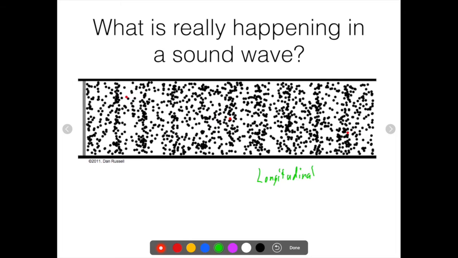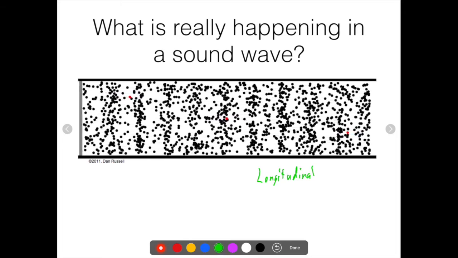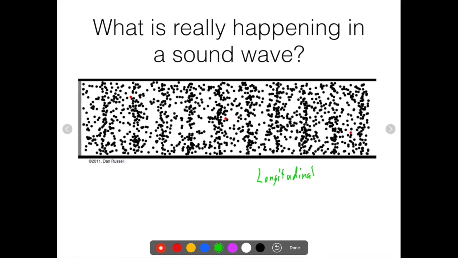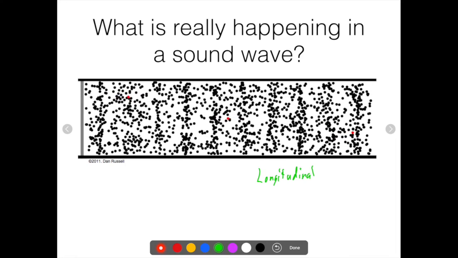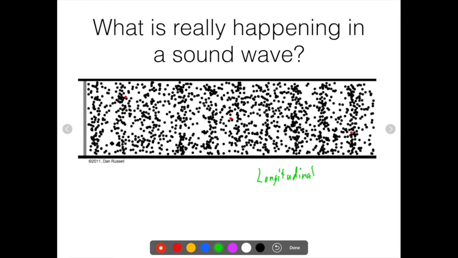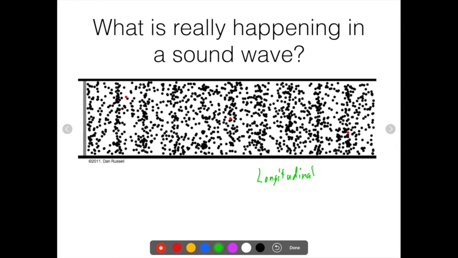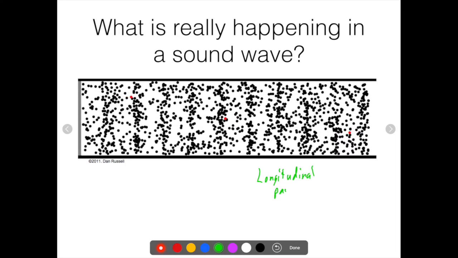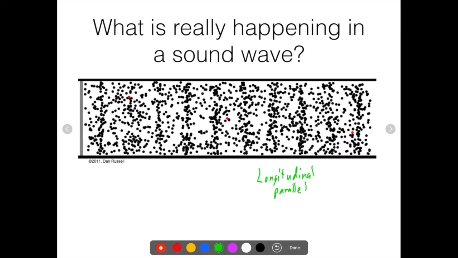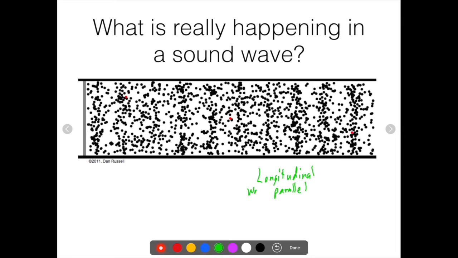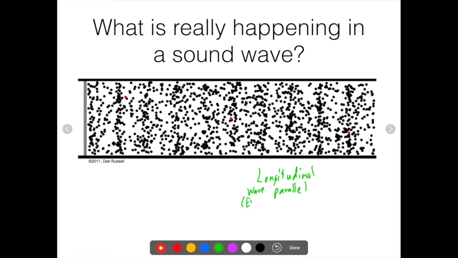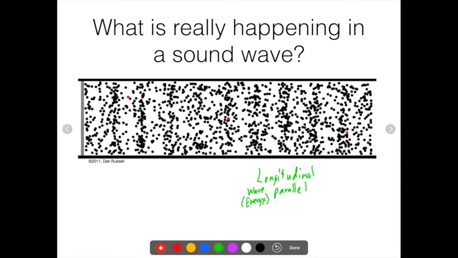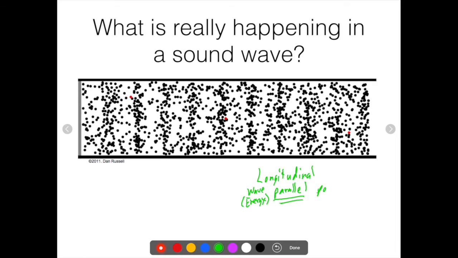We've talked about ideal gases and minimum time of interaction. They're far enough apart that moving one up and down isn't going to make anything next to it move. Now, it might run into something else and cause that to move in the same direction, but that's why longitudinal means that we have parallel motion. The wave, or the energy, will move parallel to the particles.